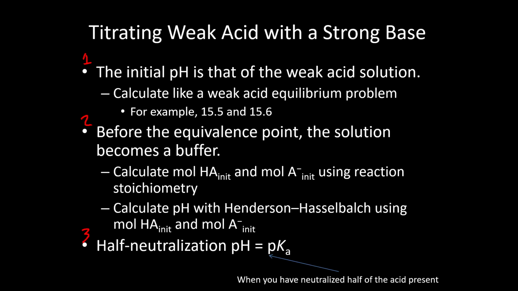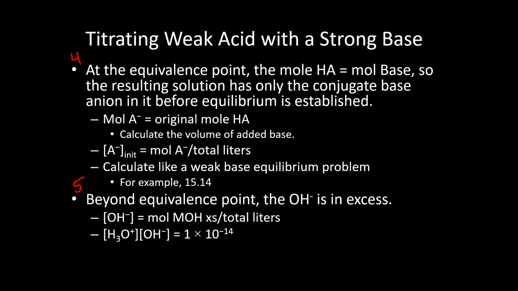If you're at the equivalence point, you would find the pH by treating it like a weak base solution, because the only thing in solution at that point that has an effect on the pH is the conjugate base. And past the equivalence point, you would treat it like a strong base solution, since OH minus is in excess.